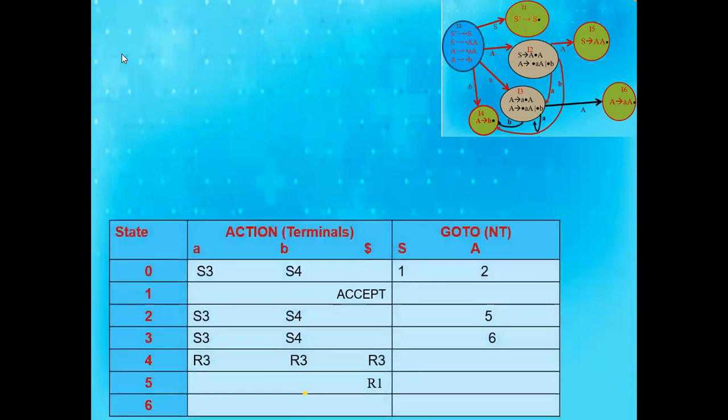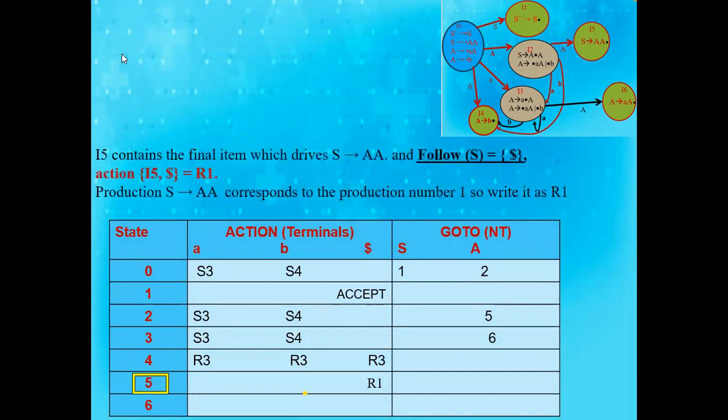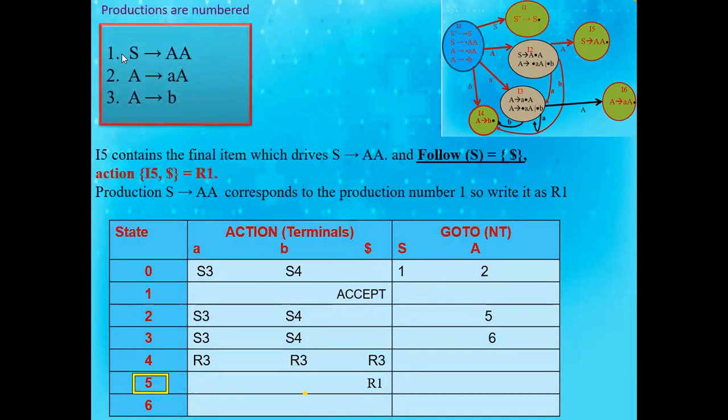Now we can have the state I5. What is I5? Here I5 is also a final state, that is S gives AA dot, right? And what is the production number for that particular production? That is 1, right? S gives AA, this is production number 1. So we will have the entry R1. Where should we write it? We have to find the follow of S. The left hand side of this particular production is capital S, the non-terminal.